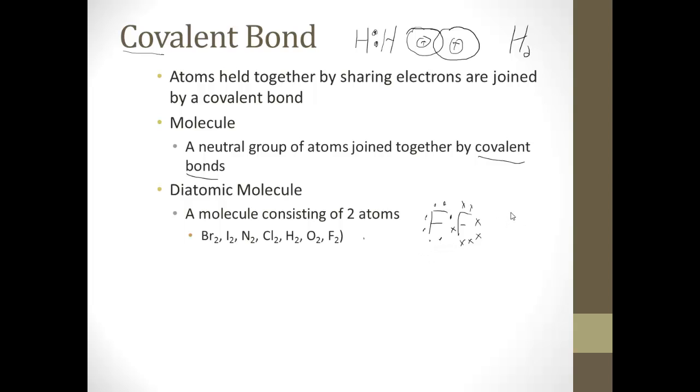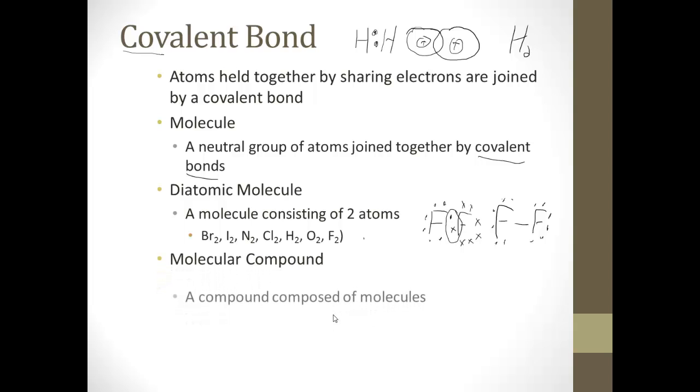We'll also draw it like an F, fluorine connected to the fluorine by this line. This line represents these electrons here. We won't always draw these, but we can. This line represents the chemical bond by the sharing of these two electrons.